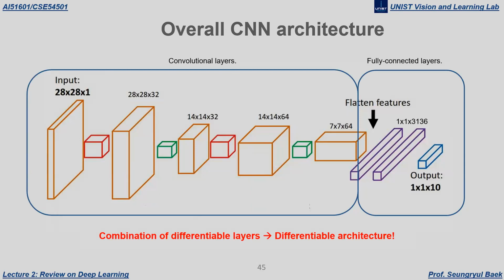This is the CNN architecture, but nowadays CNNs are gradually being replaced by transformer architectures. A transformer has an attention mechanism, and attention is also a differentiable operation.